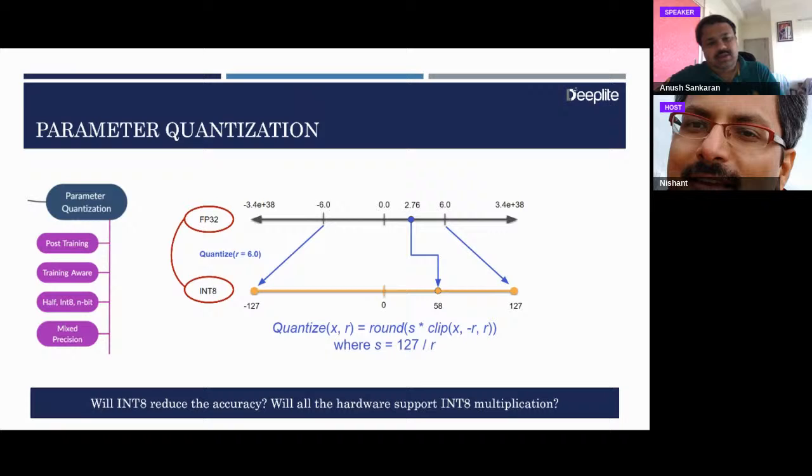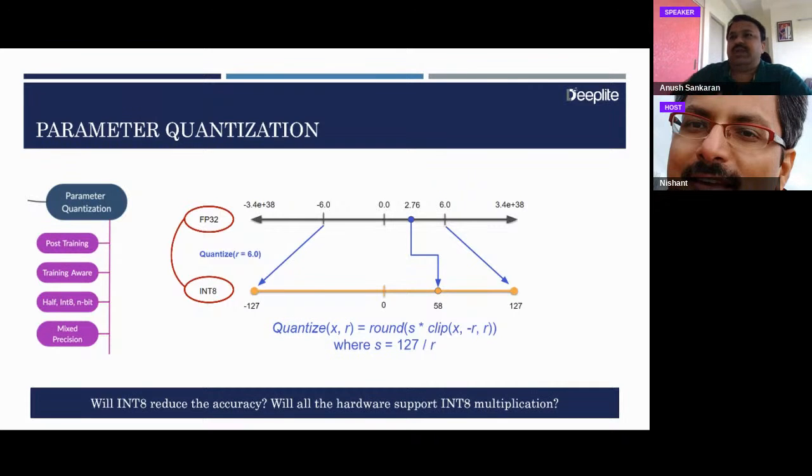So the idea of reducing the memory is totally lost here, because there's an explicit typecast that happens. Why does the explicit typecast happen? Because in some cases the compiler stack doesn't support it, and in many cases the underlying hardware doesn't support int 8 multiplication.